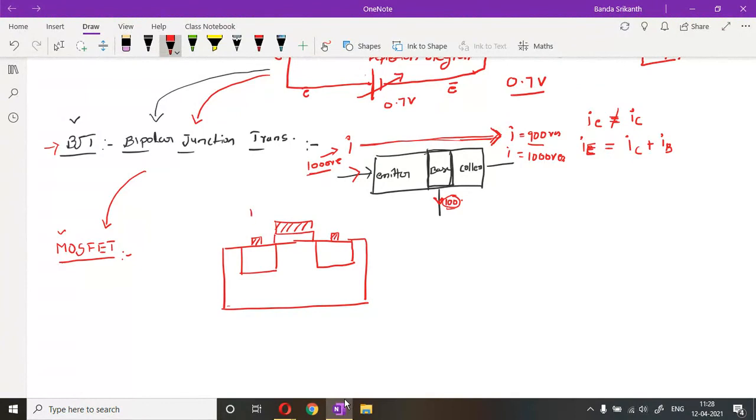The MOSFET is also like a BJT. It actually has four terminals. It has a source terminal, a drain terminal, and a gate terminal, three terminals, plus another extra terminal that is called the body terminal.